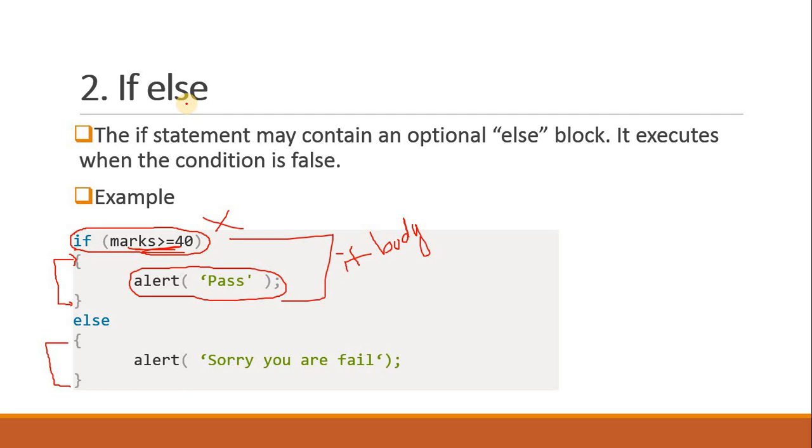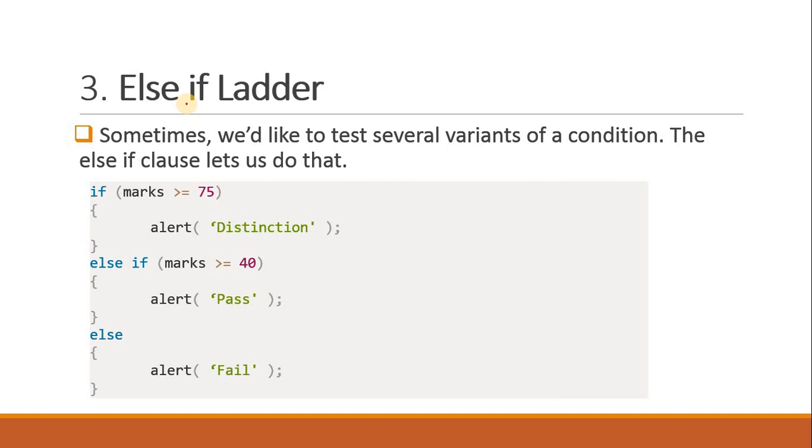There might be another kind of condition, in such a way that if marks are greater than 40, then there might be grades. So grade A, grade B, grade C or grade D. These conditions cannot be solved with only true or false. Such kinds of conditions can be solved with the help of the else if ladder.